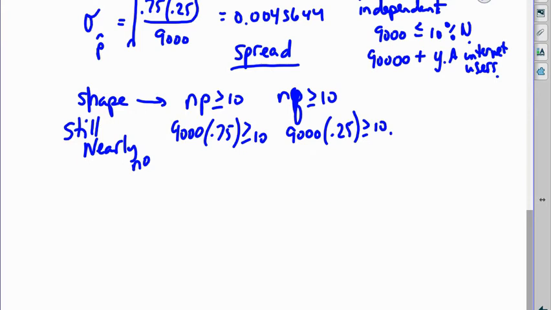Let's move that up. So shape was still nearly normal. Outliers doesn't really apply in this situation. My center remained the same, but my spread is narrower.